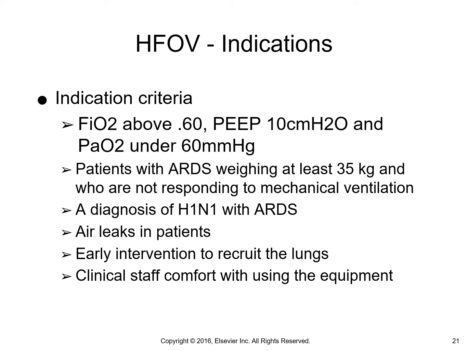Also for patients that have air leaks, like from a chest tube, and for early intervention to recruit the lungs, so the earlier the better, before the damage has already been done.